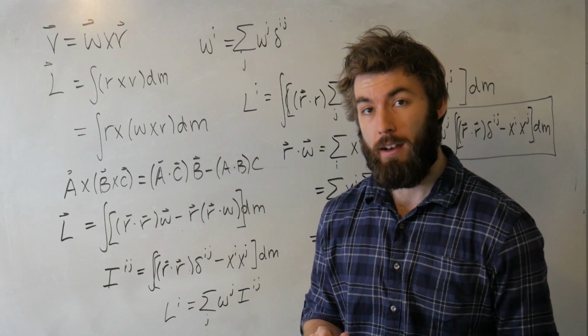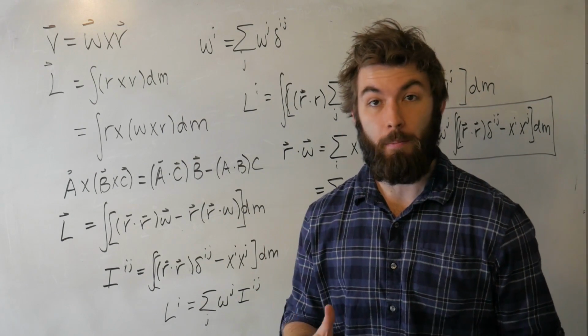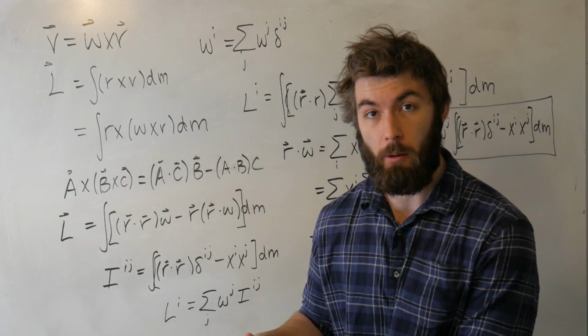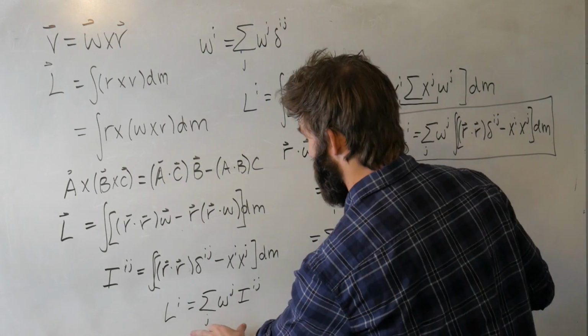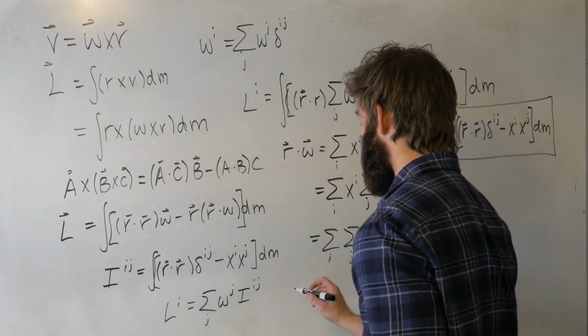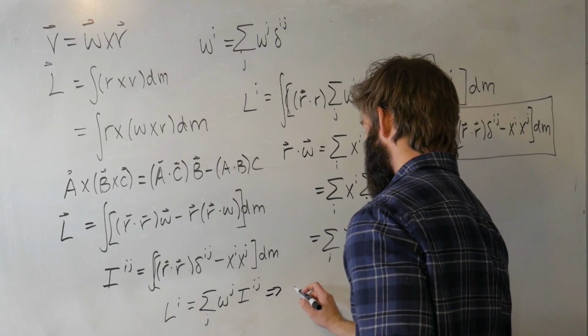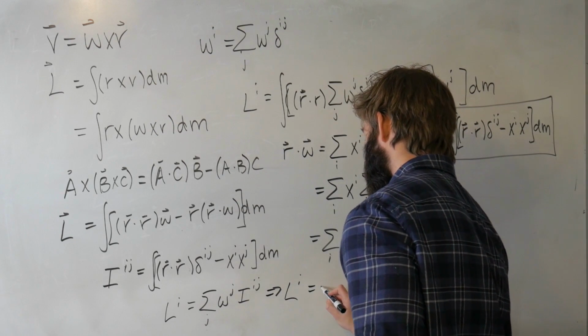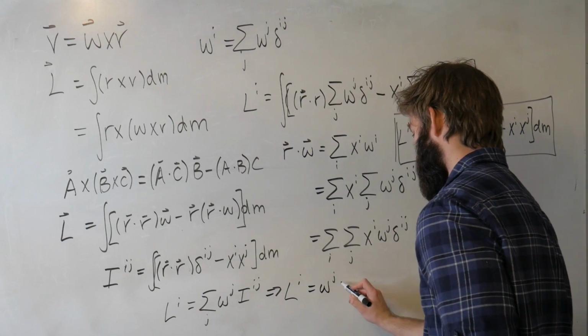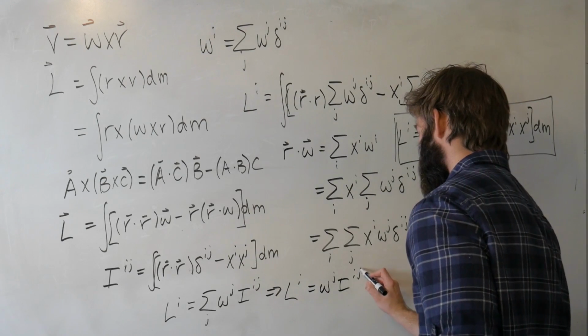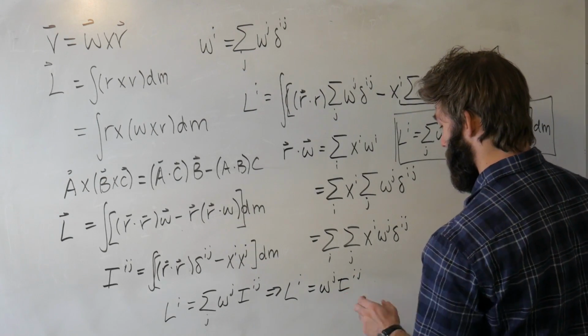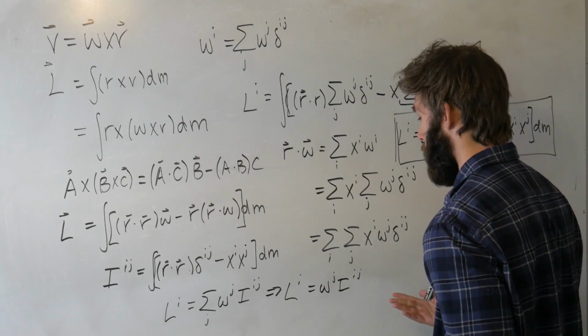If I don't do that, then I will explicitly say, by the way, we're not summing over this, even though I've repeated indices. Which means that from now on, we can start writing things like this as, say, L_i is equal to omega_j I_ij. It's assumed that since j is repeated, we're going to be summing over j.